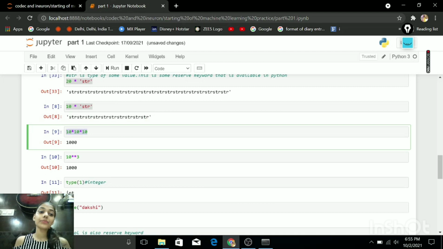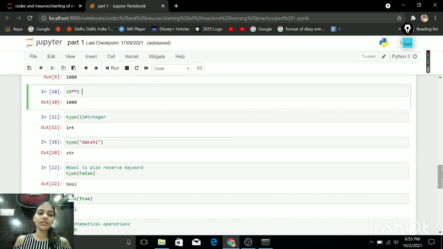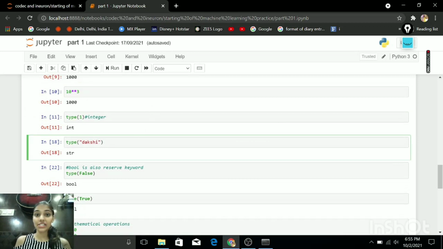Then guys, 10 multiplied by 10 multiplied by 10 is 1000. In this, 10 double multiplied by 3 is 1000. Both outputs are the same, but the coding is different.